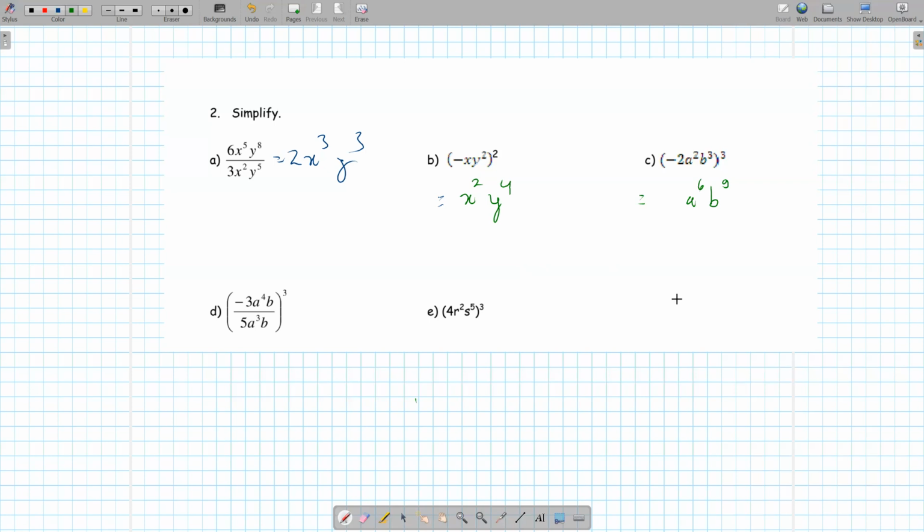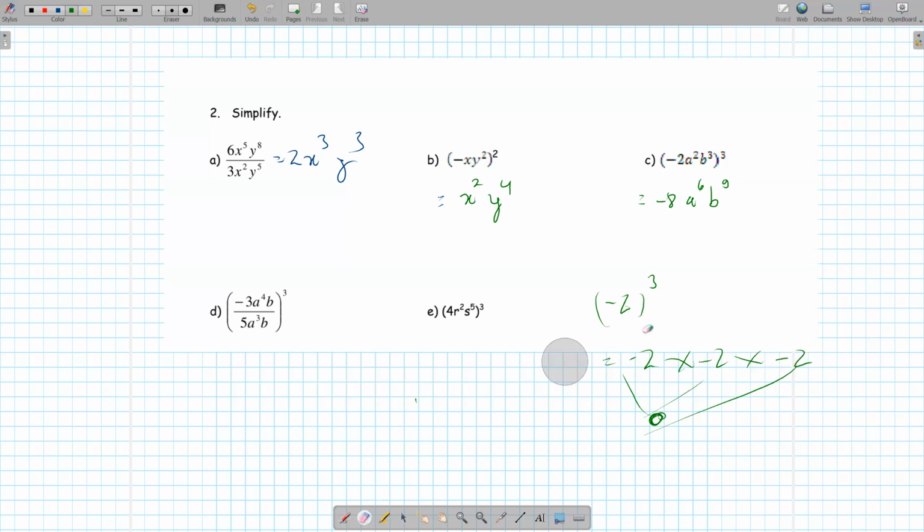I mean, no, wait. Not 4. 8. Positive 8 or negative 8? Positive. No, it's an odd exponent, yeah? So that's the same thing as this, negative 2 cubed, which is negative 2 times negative 2 times negative 2. The number is 8, but you have 3 different minus signs, odd number of minus signs. That means it's negative 8.